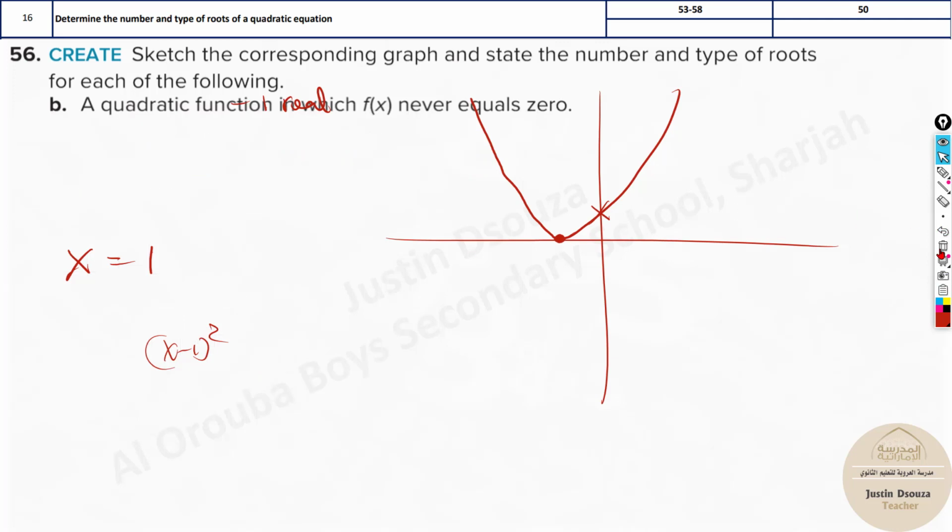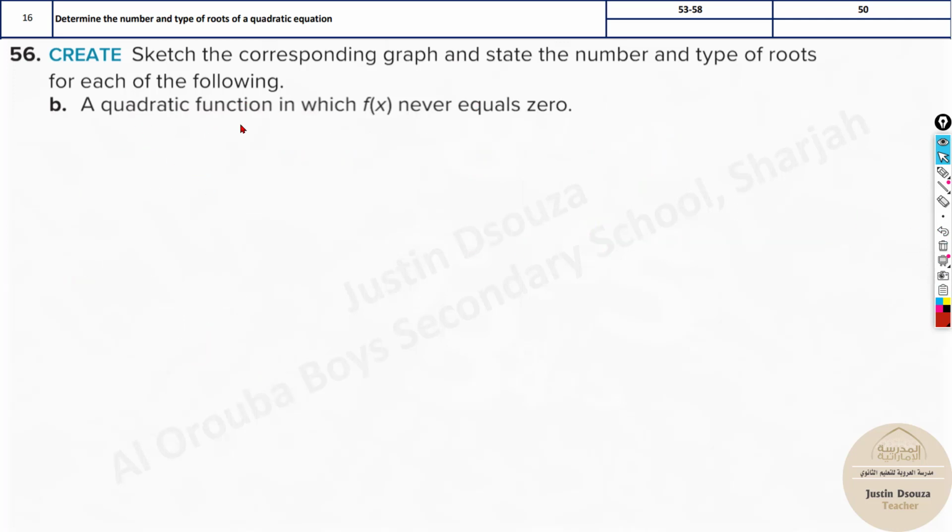That's the concept. Now, what about a quadratic function in which f of x never equals 0? A quadratic function in which f of x, the y value, is never equal to 0. What exactly does that mean? Let's understand. Say f of x equals x squared plus 2x plus 1.